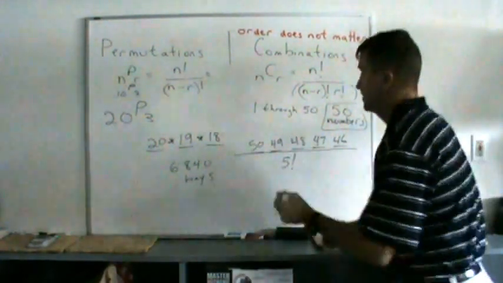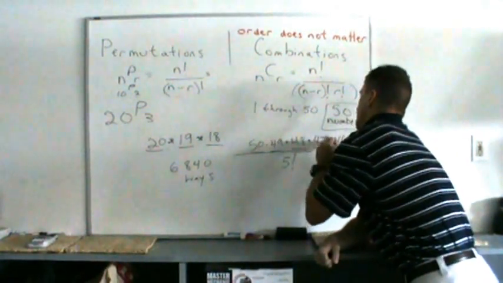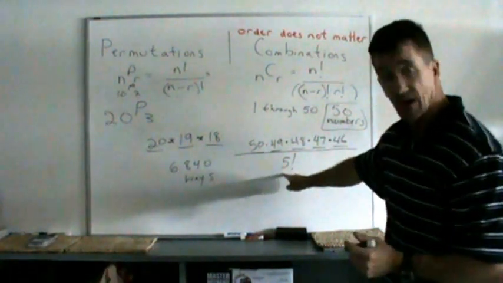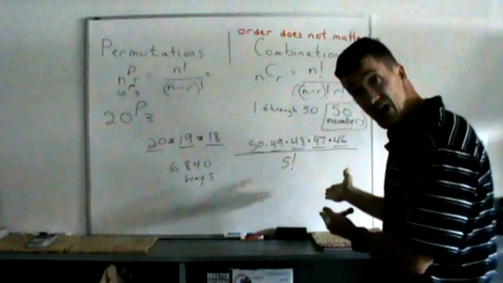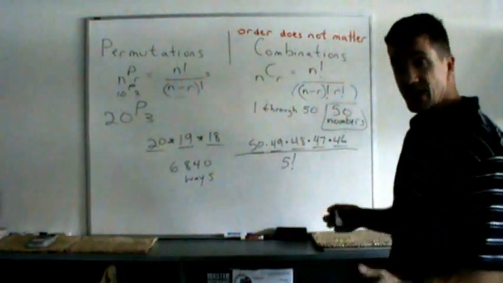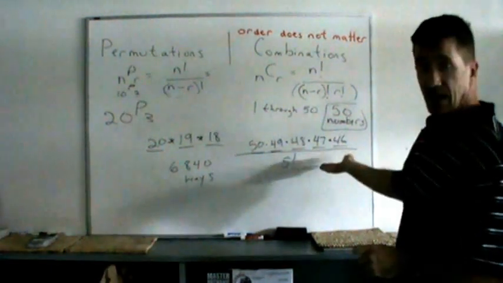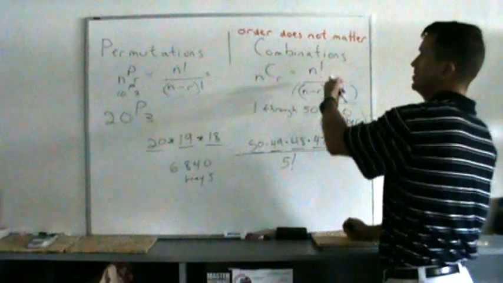If I multiply 50 times 49 times 48 times 47 times 46 and divide out this 5 factorial, or this 5 times 4 times 3 times 2 times 1. This is a combination because the order in which selection is made does not matter. Okay? This is going to be a lot of numbers. But I can also just use this formula.